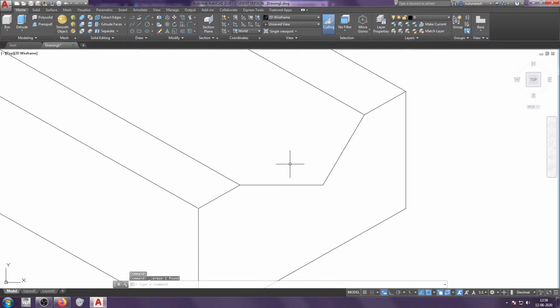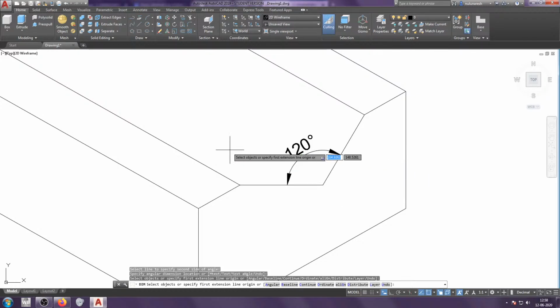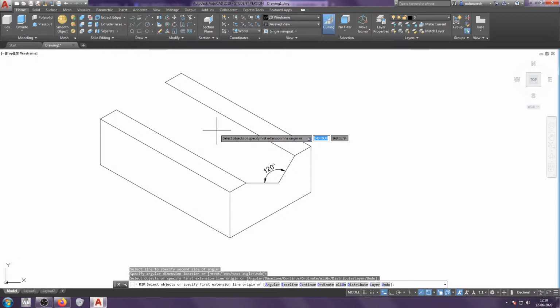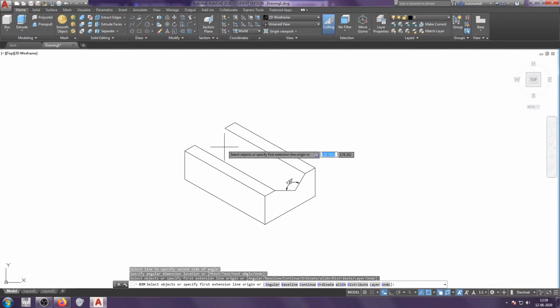Now let's try to measure the angle between them. Yeah, it is now 120. Actually it seems to be 120, but it is not exactly 120.